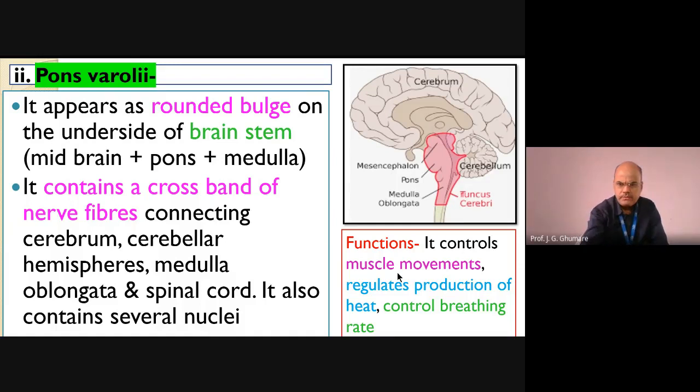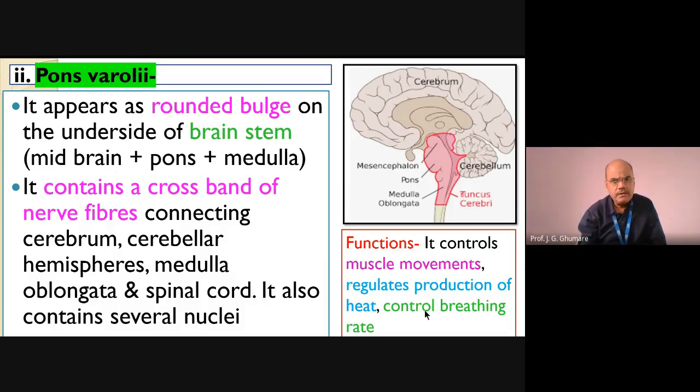What could be the function here? It controls muscle tone again. So in addition to the cerebellum, it has control over muscle tone. It regulates production of heat in the body. Whenever it is cold, we need to increase the heat in the body, and that function is carried out by the pons varolii. It also controls, in addition to the medulla oblongata, the breathing rate.